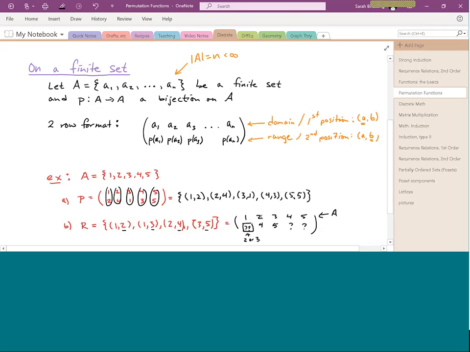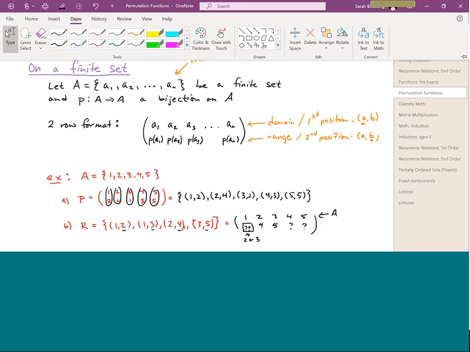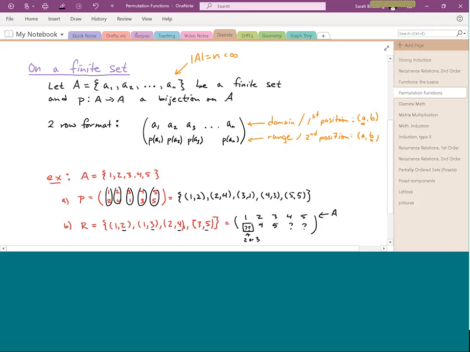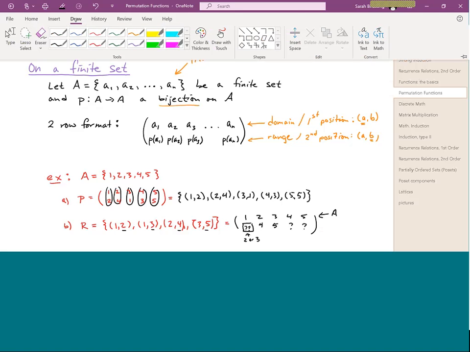Now, the other thing that you deal with is the fact that it's a bijection. In other words, it's 1-to-1 and onto. It turns out that if you are on a finite set and your function is both 1-to-1 and onto, this is what it means for those outputs.